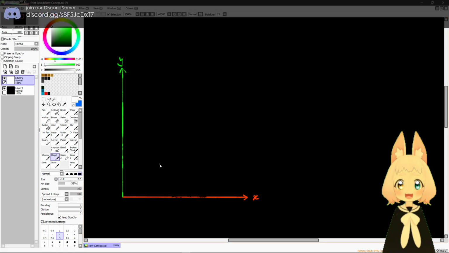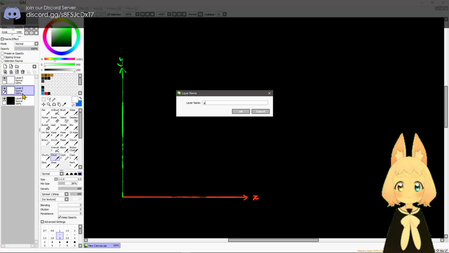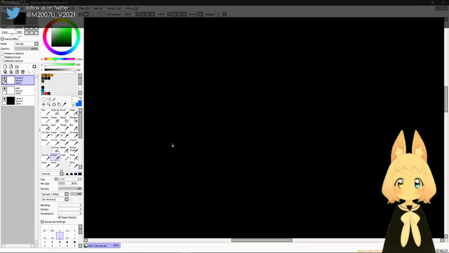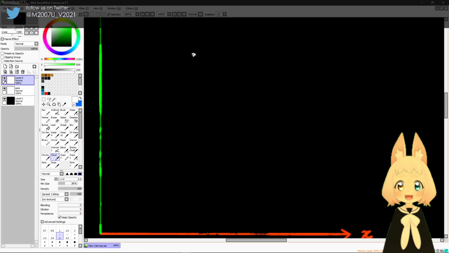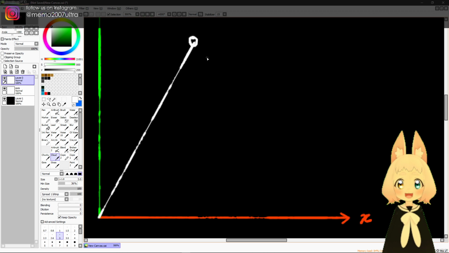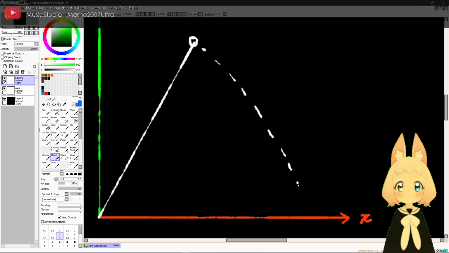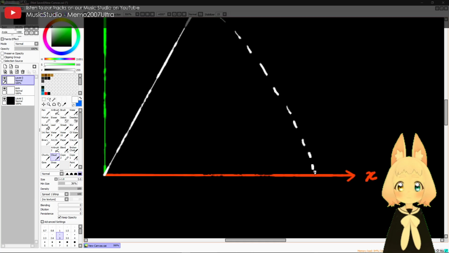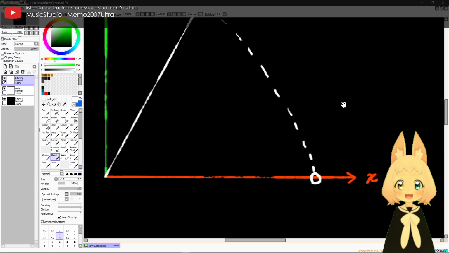So the main idea is, once we get a point, let's say here, we need to figure out where it will fall. It will fall over here.